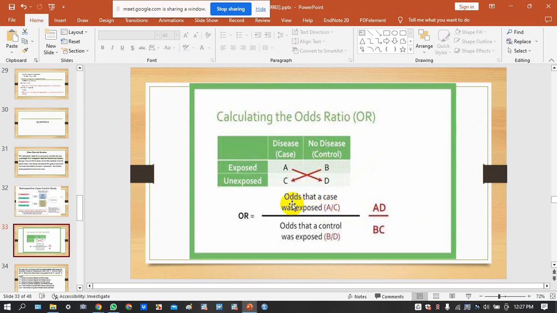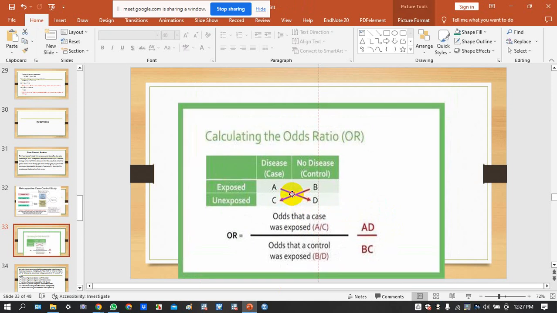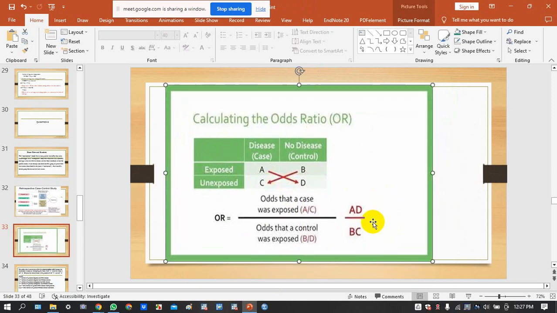So for the odds ratio, the odds that a case was exposed is A over C, then the odds that a control was exposed is B over D. When you do this calculation, the end result is A times D over C times B. So whenever you get an odds ratio, just multiply: if you have 2 here, multiply by the 4 here, then you divide.